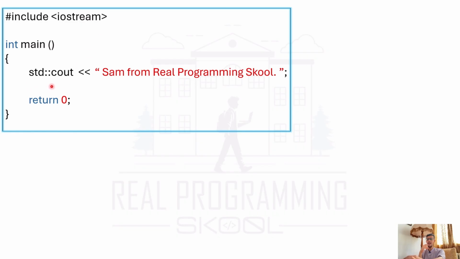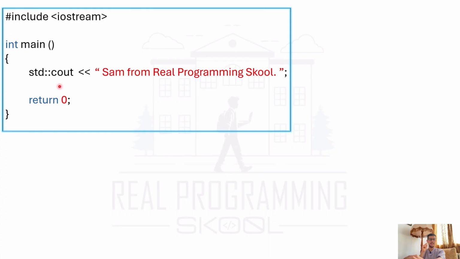And after that, cout. Most developers thought it stands for console output, that black screen on which we see the final result when we run the program. They call it the console screen. Actually, cout stands for character output.